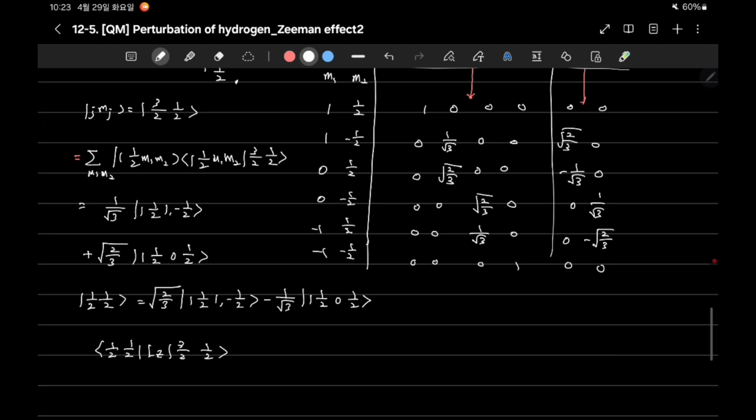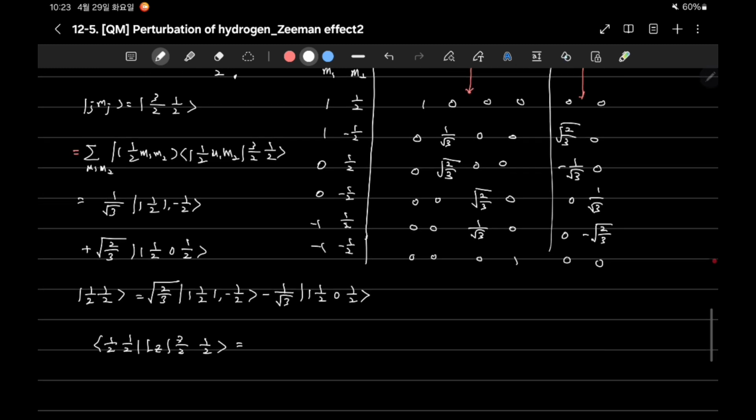The basis can be expanded like this: the 1/2 basis is square root of 2/3, 1/2, 1, minus 1/2, minus 1 over square root of 3, 1/2, 0, 1/2.